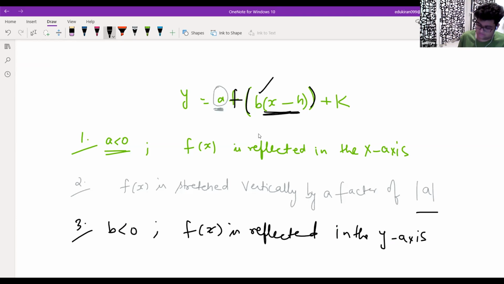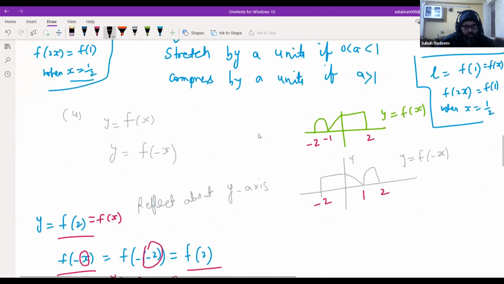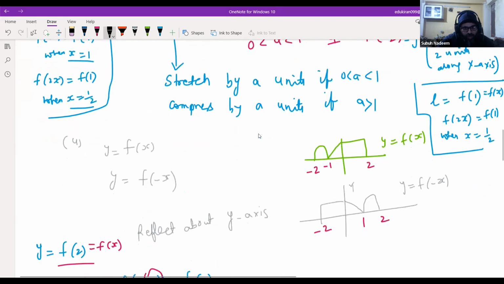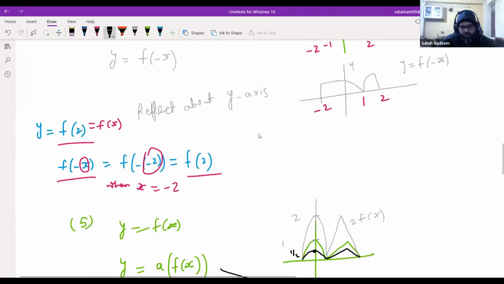So that is the third rule we wrote: if B is less than 0, f(x) is reflected in the y-axis. Negative is reflected along the y-axis.